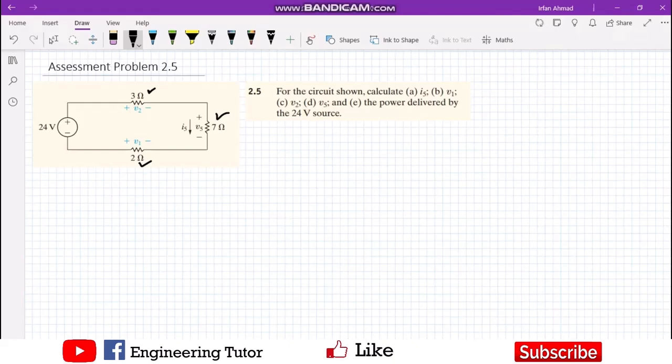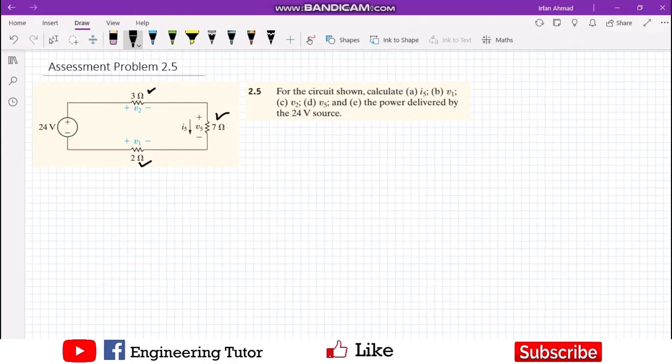So before approaching the question, we have to look at the nature of the circuit, and after looking at the nature of the circuit, we can easily find out the value of the current which is provided by this source.